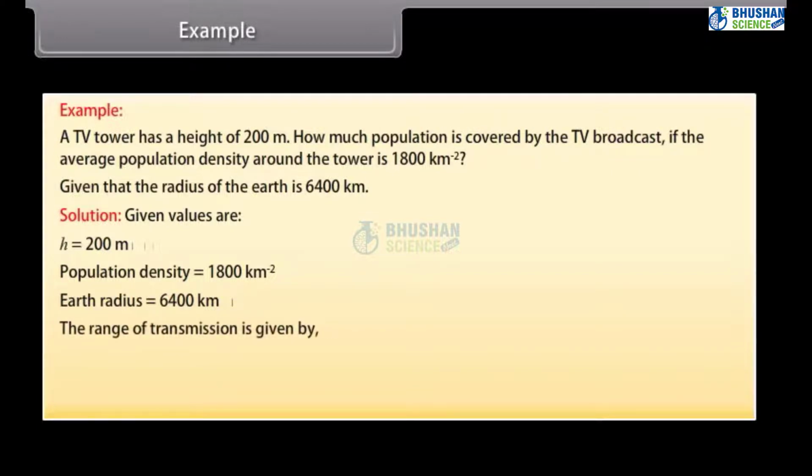The range of transmission is given by d = square root of 2hR. Now, put the values and calculate. We get the value of d = 5.06 × 10^4 meters. Area covered by transmission is equal to pi d squared.